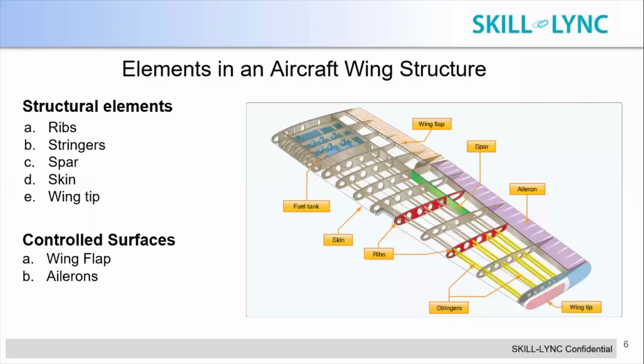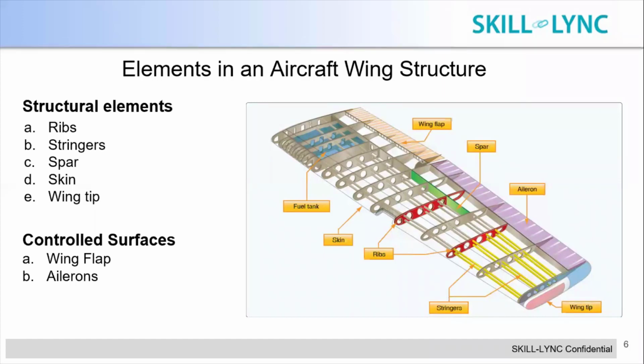Ribs are the basic cross sections of the wing, which are placed at designed positions on the wing sections at different places, right? All these ribs are connected with stringers. These stringers are the intermittent members which strengthen all these ribs in position.